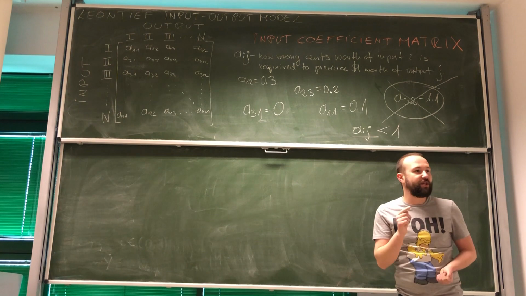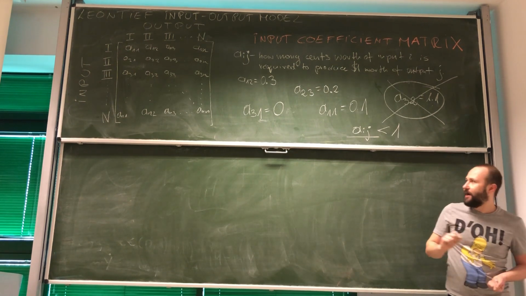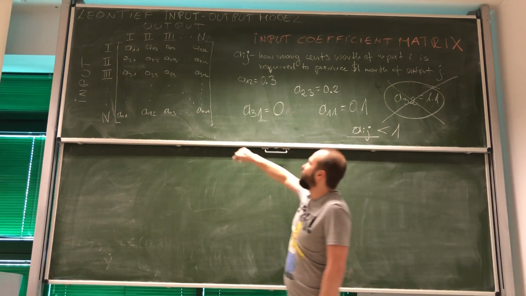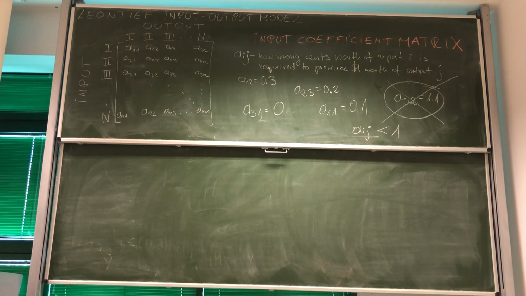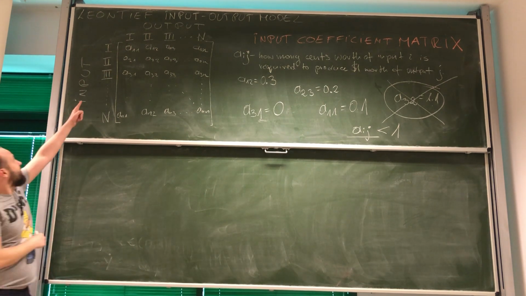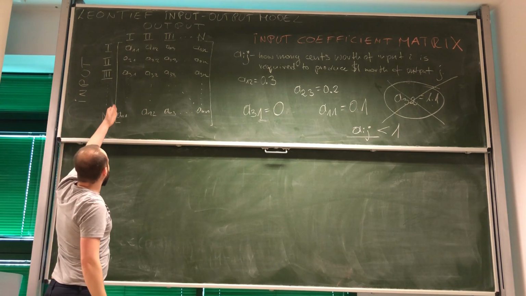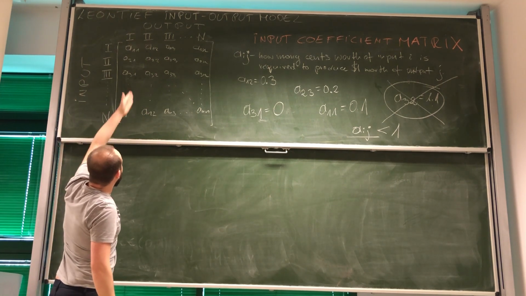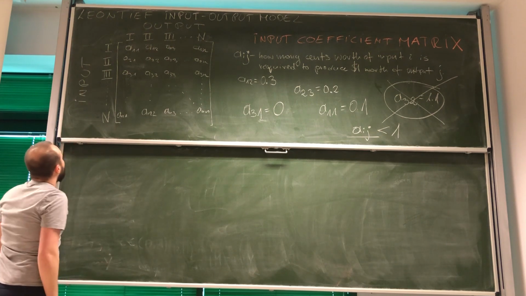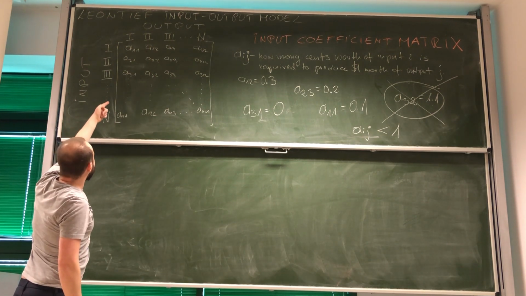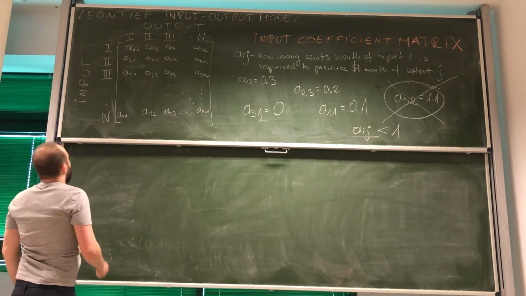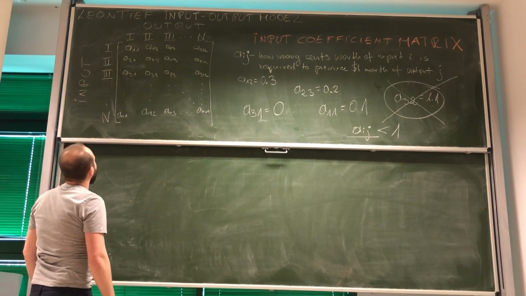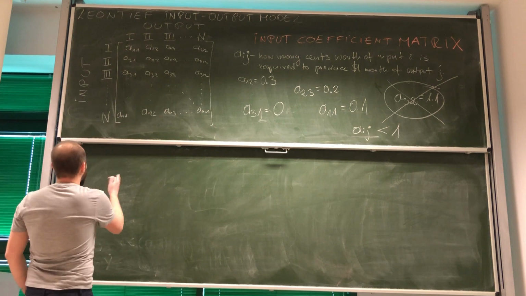And this actually should give us one more hint about the structure of the input coefficient matrix. Because look, what we get from each line over here. If I'm going to take the first column, how can I sum everything?